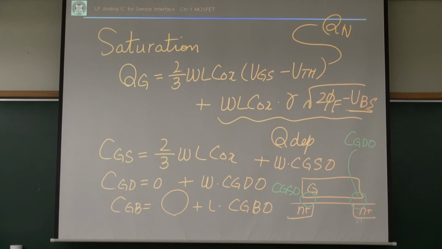Okay, let's look at the SPICE simulation of a capacitance model. So we'll try to generate the capacitance plot by increasing gate voltage, something like that. Say if I increase the gate voltage like that, you know, I just increase it in a linear way.